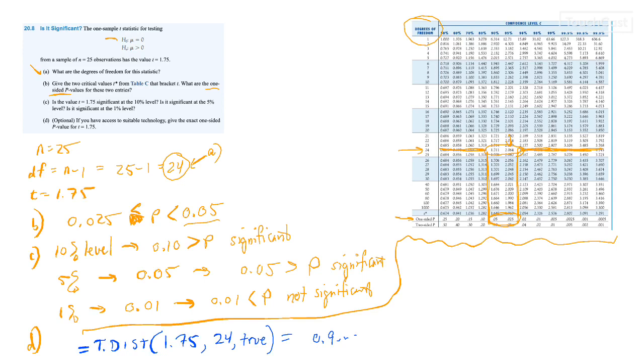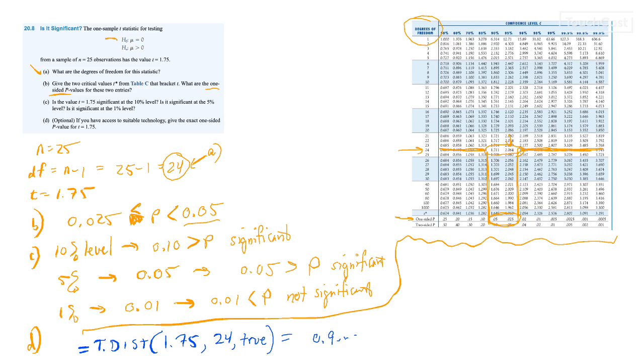But this isn't the true one-sided p-value, because we're looking to find everything that's greater than 0, and our null hypothesis was that it equals 0. So we're actually looking for the difference between 1 and this number.